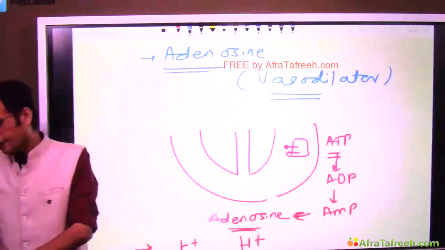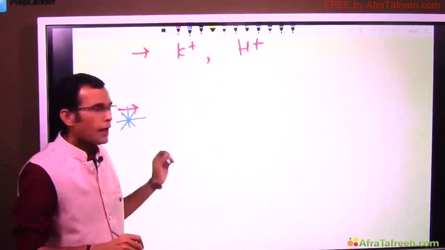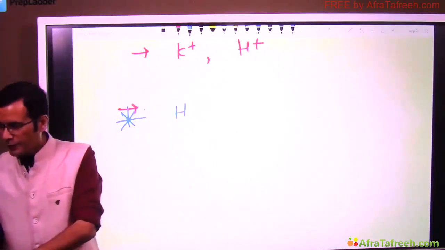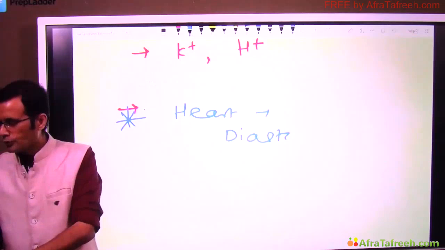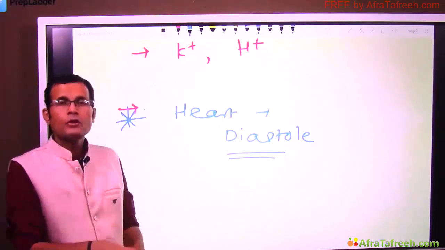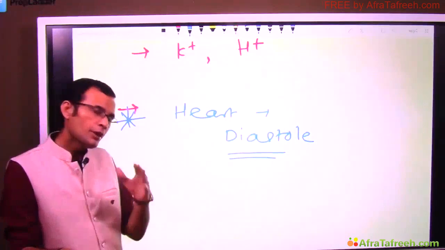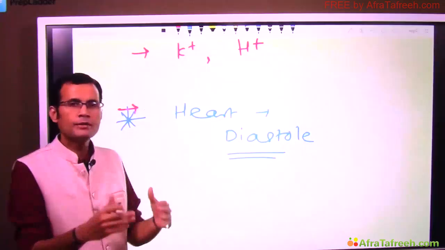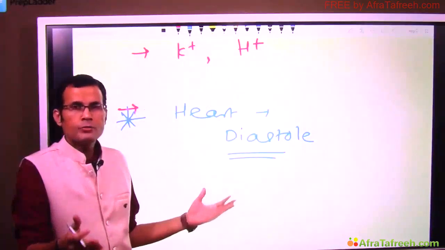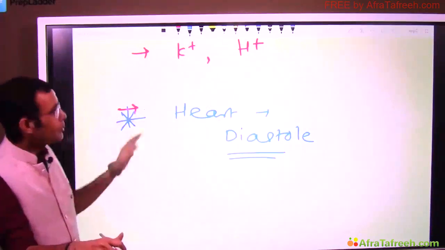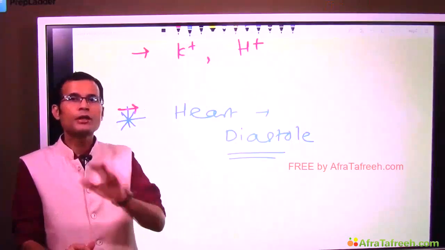Third point, and an interesting, important one: the heart receives its blood flow during diastole. Yes, all the other tissues in the body would receive their blood flow during systole, as the blood is ejected out by the left ventricle. The other organ systems, all of them, receive the blood flow during systole, but the heart itself receives the blood flow during diastole.